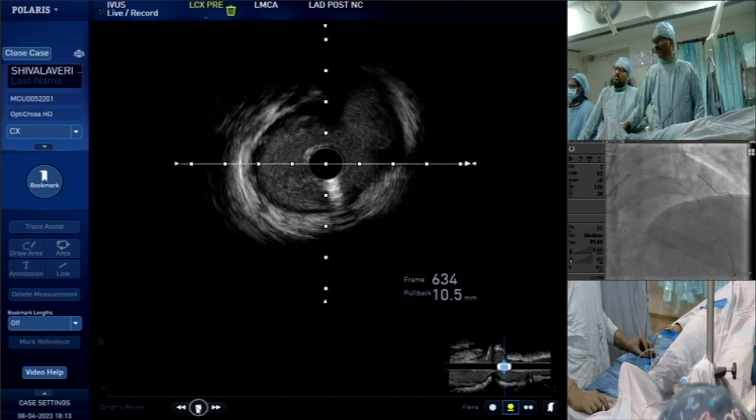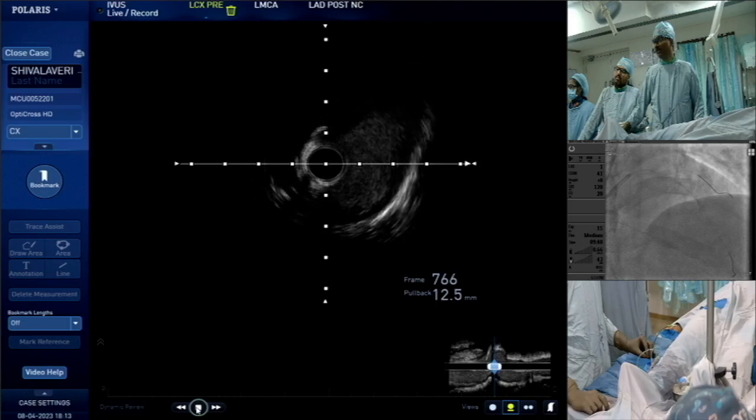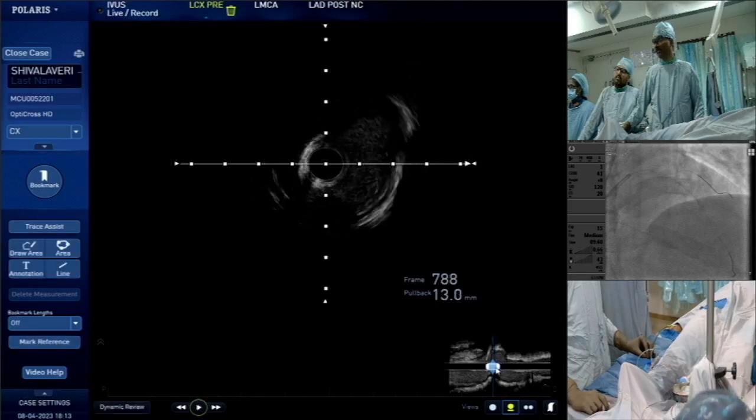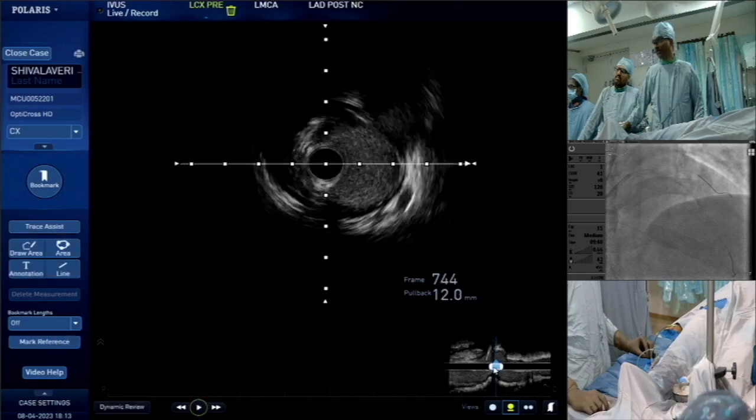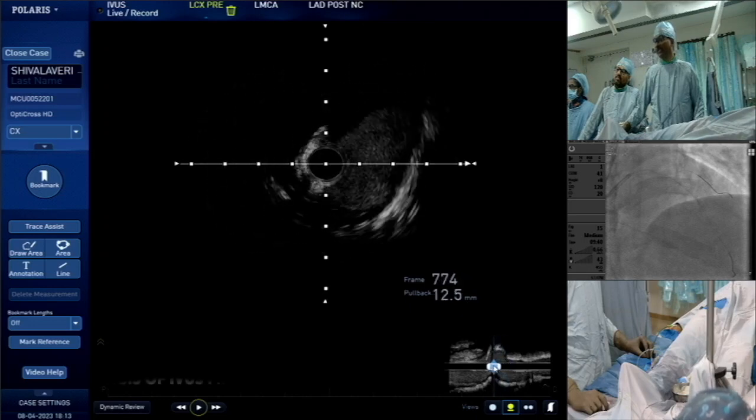I'm Dr. Damodar, I'm interpreting the IVUS here. You can see now we are reaching the LM bifurcation.